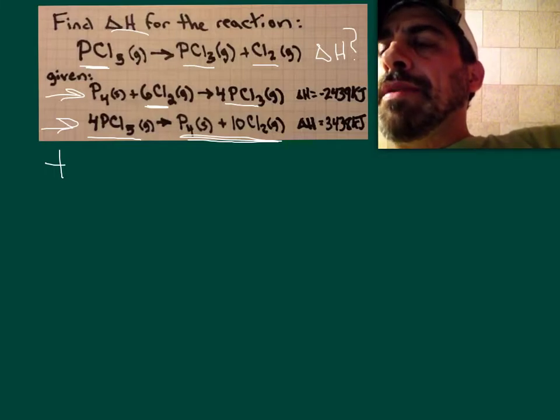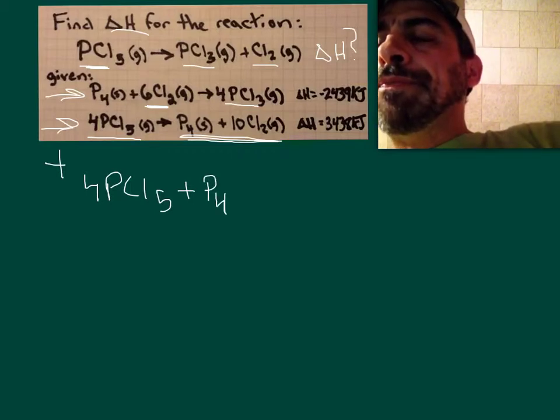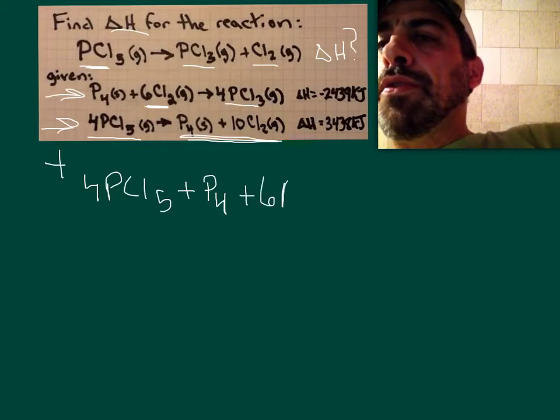So if we add them together, what we're going to get is 4PCl5, 4 phosphorus pentachloride, plus P4, and I'm leaving the states out just to save space, although you're really supposed to include them, plus 6 moles chlorine gas, Cl2.